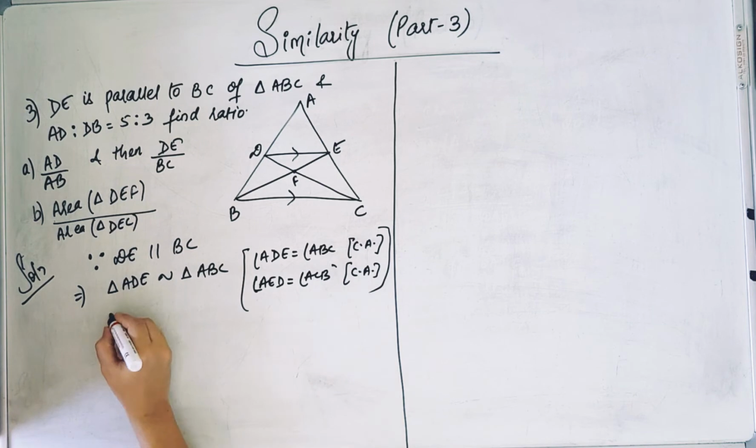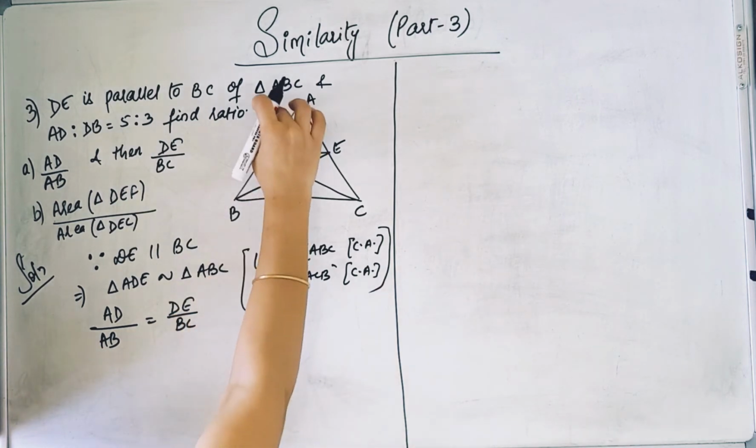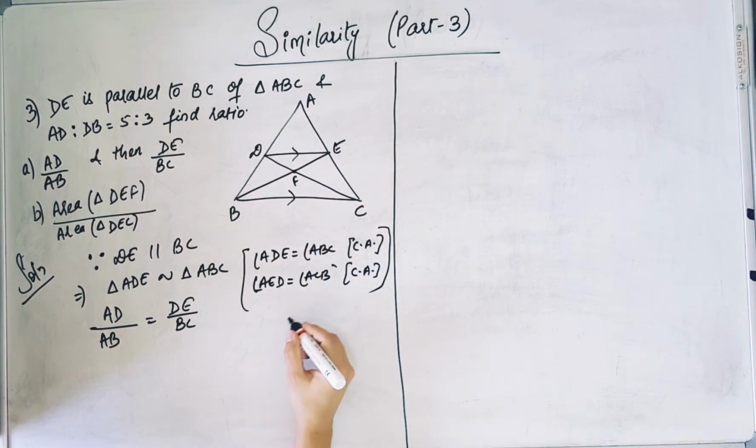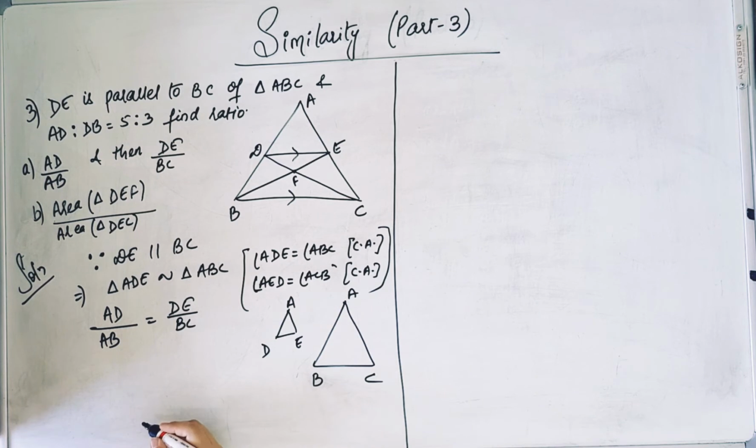Now if triangles are similar, we know AD upon AB will be equal to DE by BC, because we have proved this small triangle is similar to this big triangle ABC.